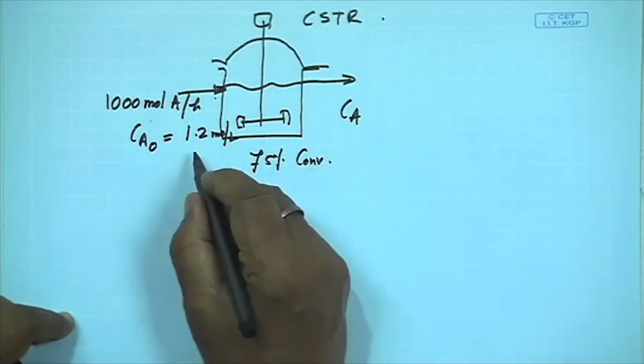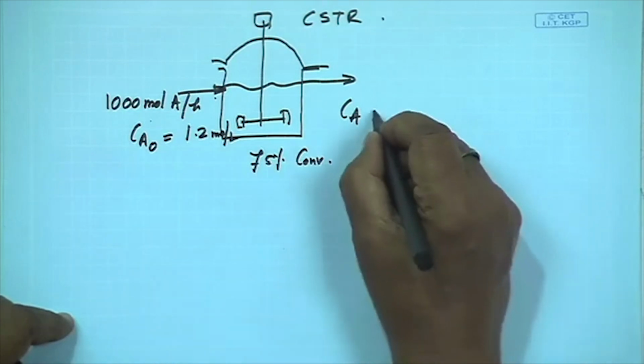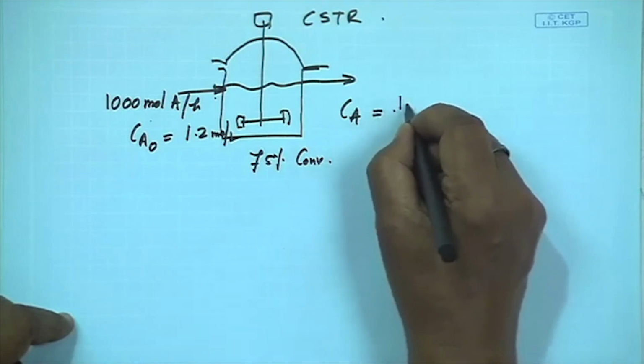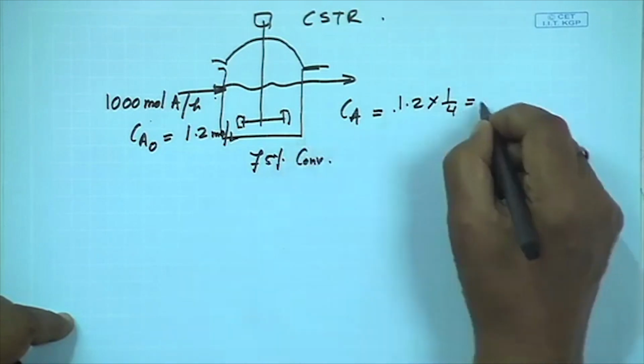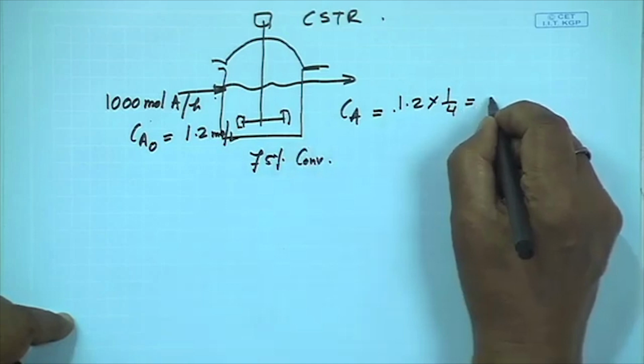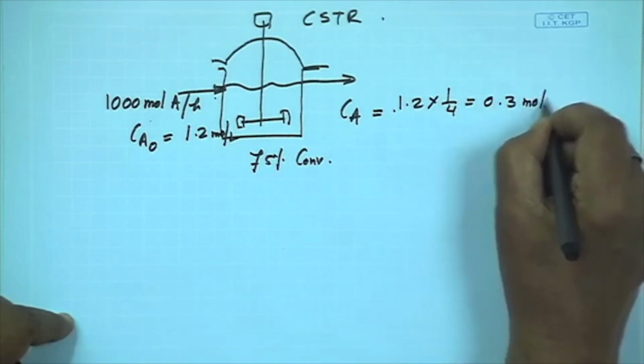So 75% conversion means this will be multiplied by 1 by 4, that is 1.2 into 1 by 4, then 25% will remain. That means it is coming about 0.3 mole per liter.